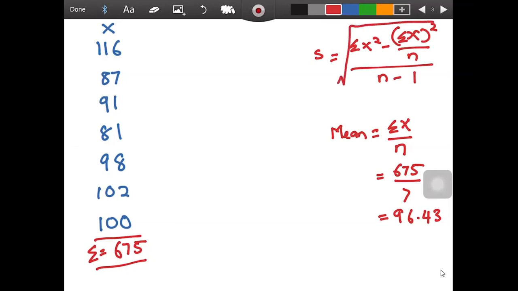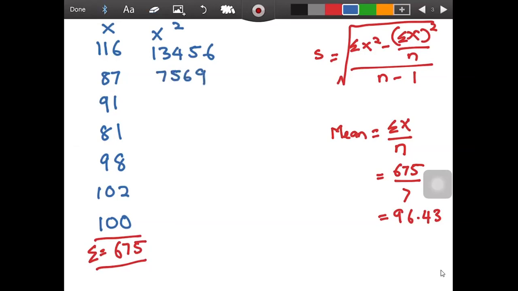Okay, use this formula will be more easier lah. Okay, so we need to calculate our x square. So 116 times 116 is 13456.